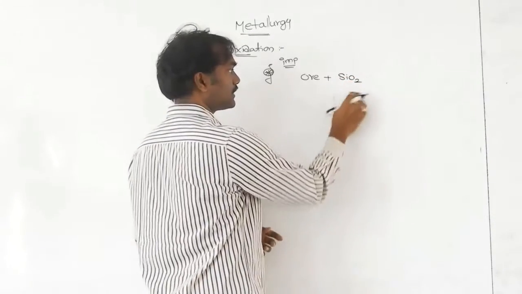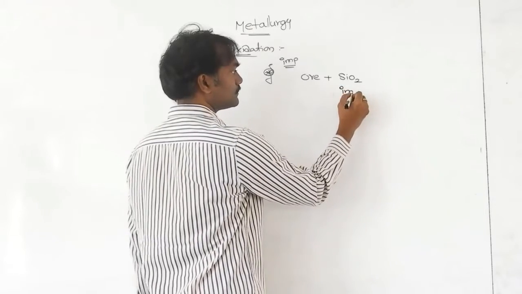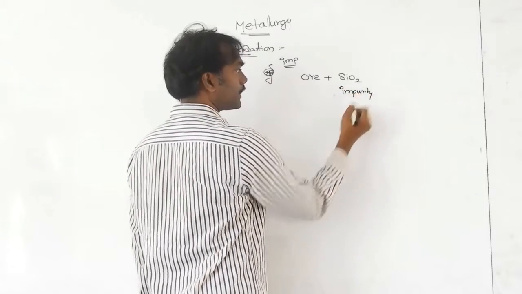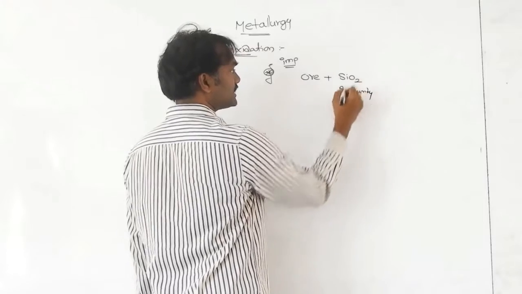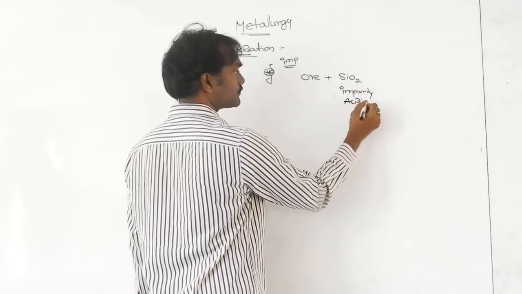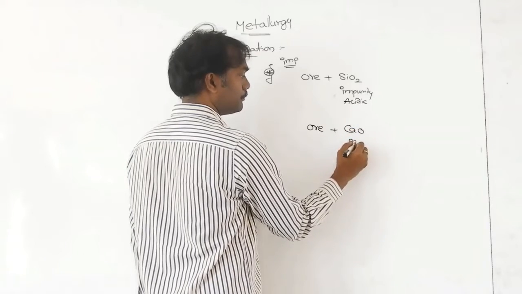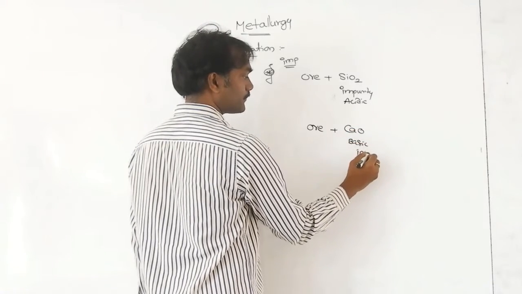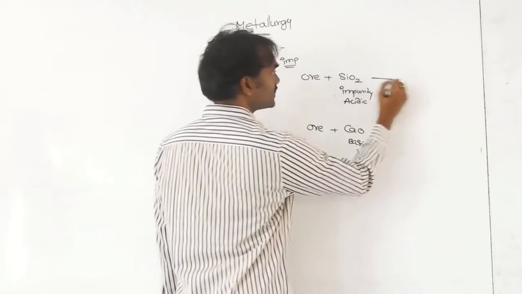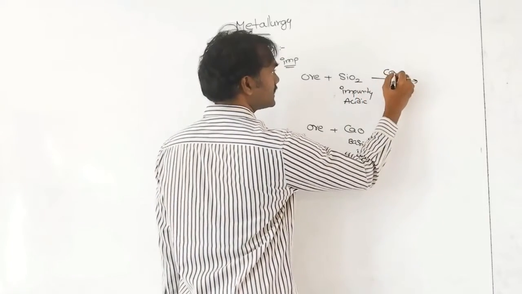That is the impurity. See, this is the acidic impurity. Suppose the ore contains CaO, a basic impurity, and this is treated with calcium oxide.